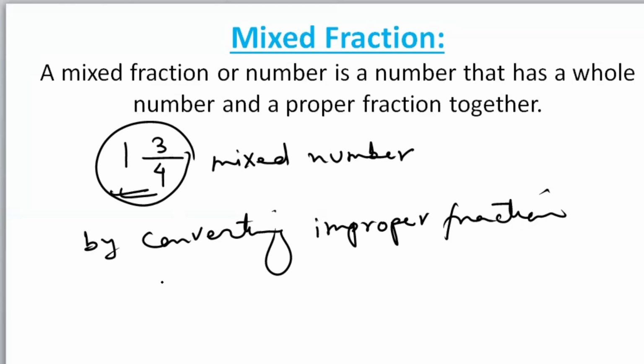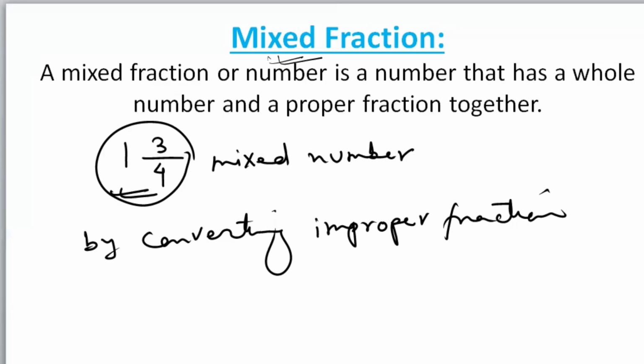So by converting an improper fraction, we get the mixed fraction. Understand how we get the mixed fraction? By converting an improper fraction into a mixed number, so that we can get both a whole number as well as a proper fraction. Now you understand what is a mixed fraction.